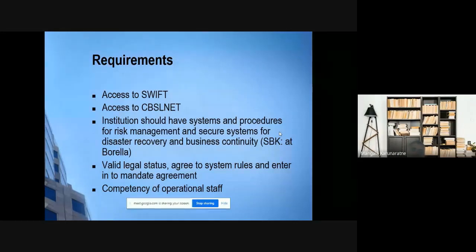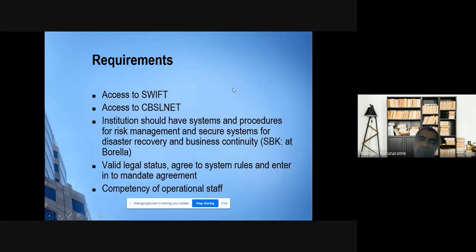That is what is meant by competency, the required qualifications, and you have to sign a code of conduct. Those aspects we need to fulfill, right? But those are internal things that we need to fulfill. Otherwise the regulator will point out that you have violated the direction, right? So these are the requirements to go into RTGS.